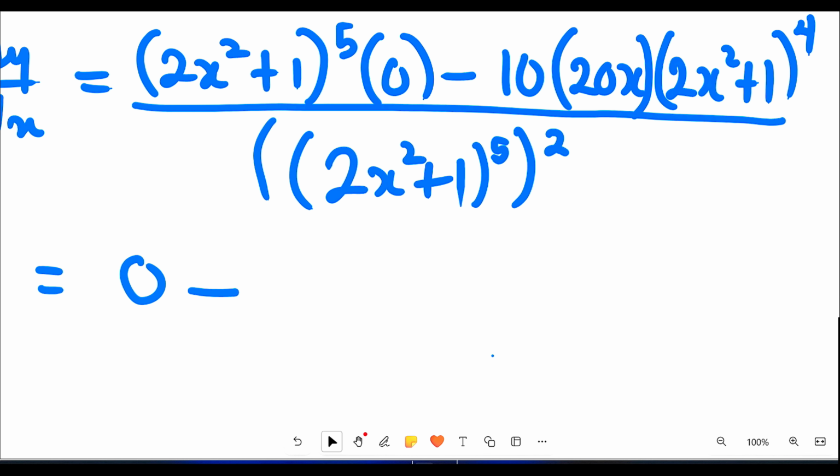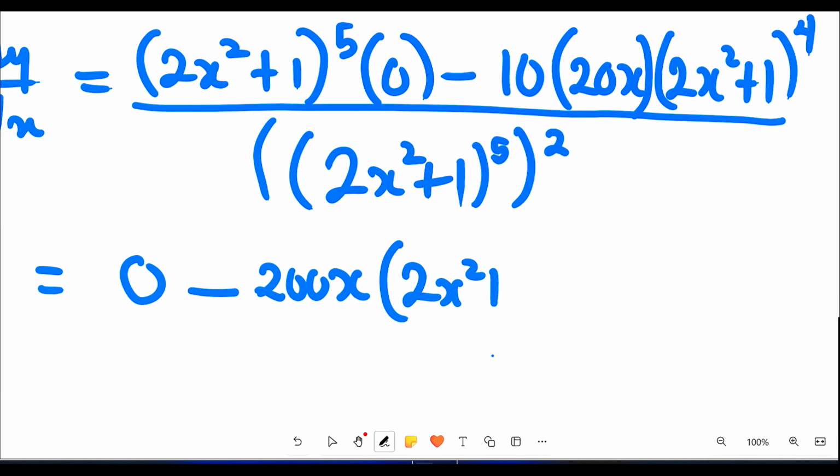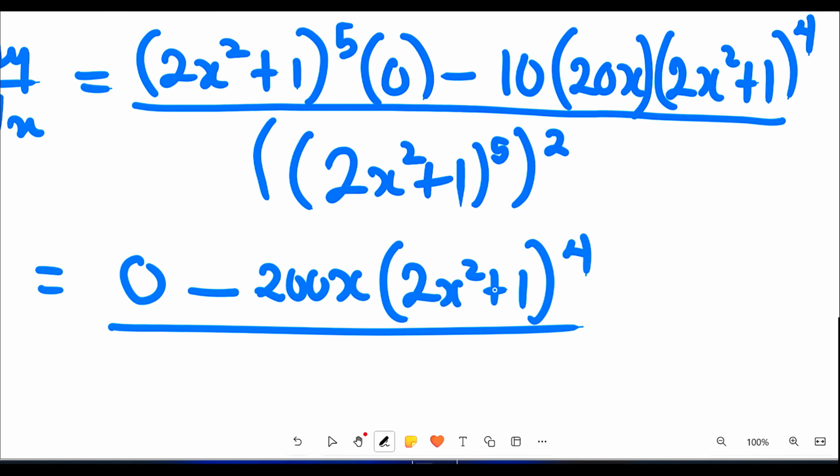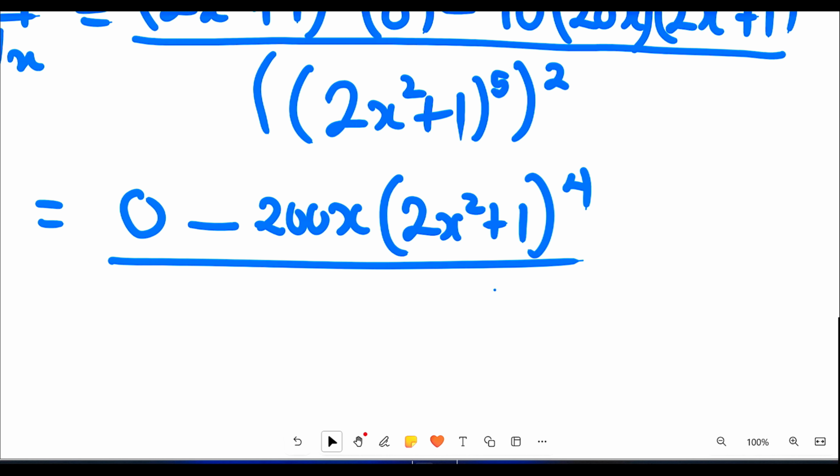So 10 times 20x will give us 200x, multiplying (2x squared plus 1) in brackets raised to the power 4. So everything divided by (2x squared plus 1) having a power of 5, all raised to the power of 2.